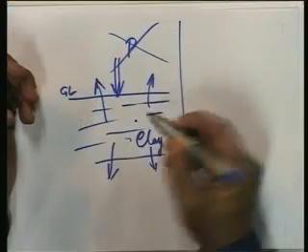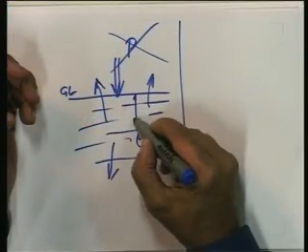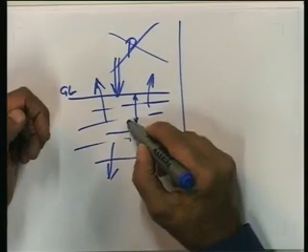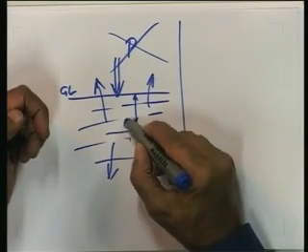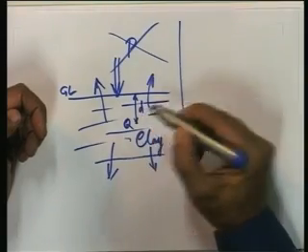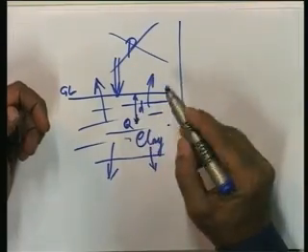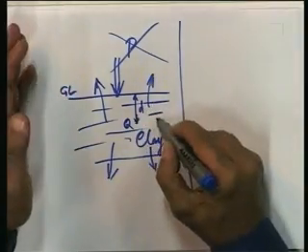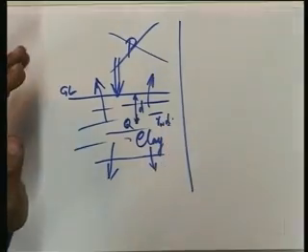When there is no load, there is no pressure in the water other than the hydrostatic pressure. The hydrostatic pressure corresponds merely to the depth of water at any point inside the clay layer. Here, for example, if the height of water above that point, let us say this is the point, if this is d, then the water pressure here is merely the hydrostatic pressure equal to gamma w d.